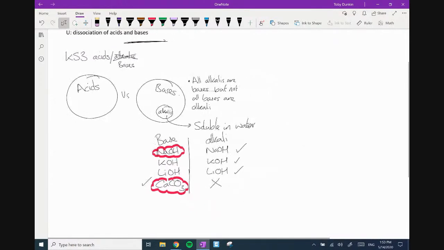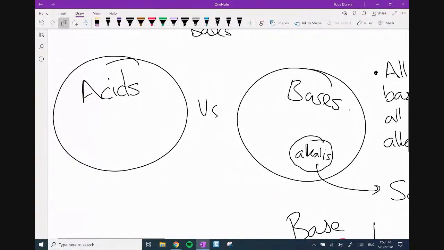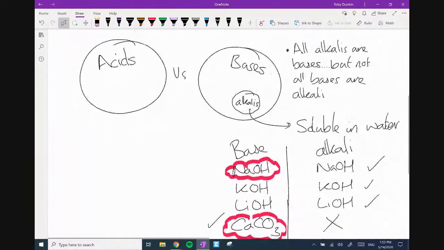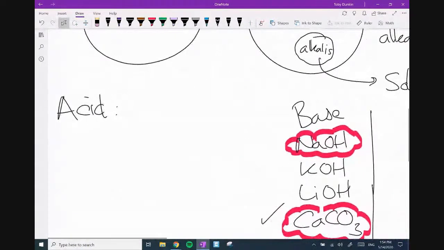So now that we've mentioned the two families, acids and bases, we need to define them a little bit. So what makes an acid an acid? Some people really don't like this part of the lesson. How do you know if a substance is an acid?